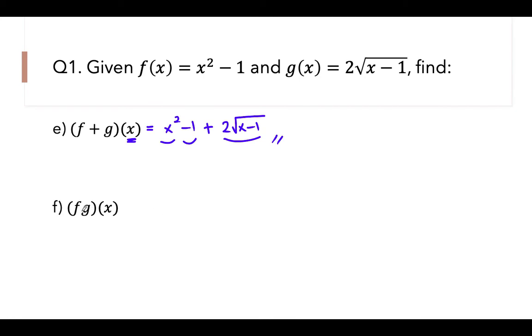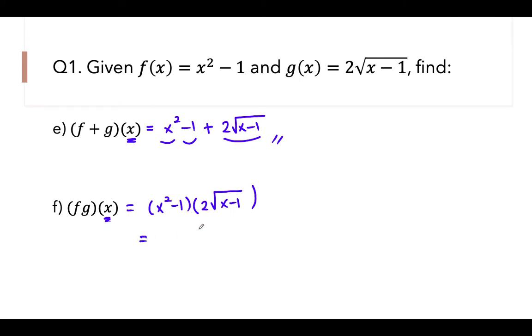Next, we're given a product. That means x squared minus 1, because the input is x, times 2 square root x minus 1. As you can see, you can't really multiply the square root, the radical, because it's just one term.